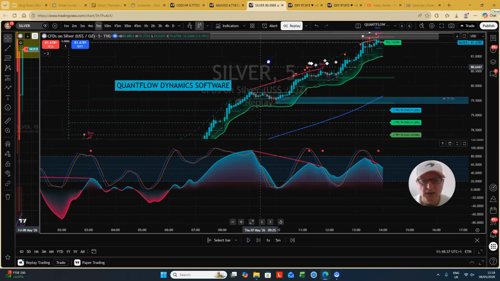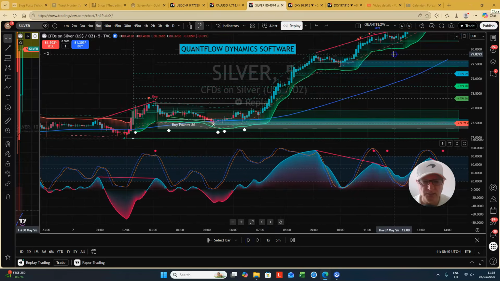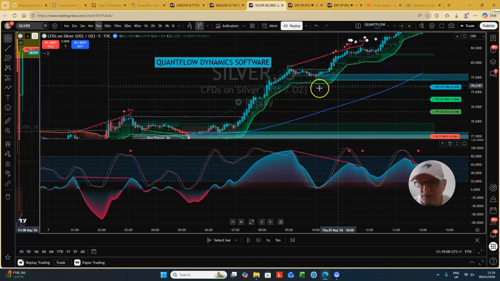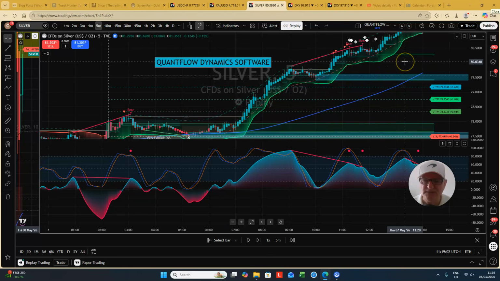Now let's say in a continuation pattern where the price has gone from here at $77.68, you can hold that one position. Yes, you can hold that position for as long as you want and simply trail the stop, maximize the move along that journey until you get stopped out if you're using that method.